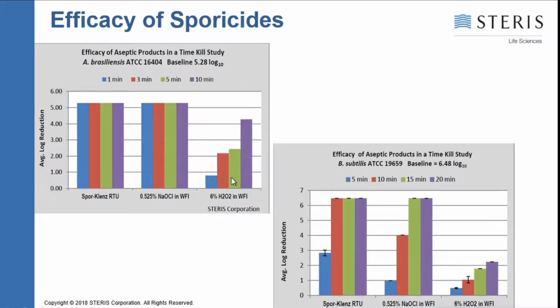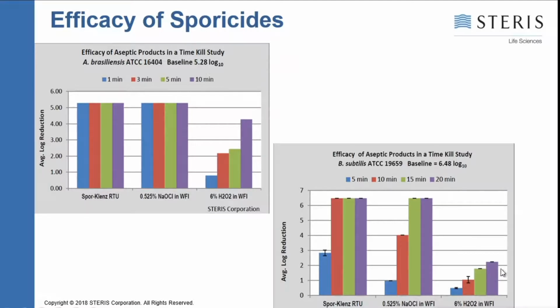But when we actually test 6% or even 3% hydrogen peroxide, the 6% you can see takes a much longer time to get the level of kill that you get with these other two. So it takes at least around 10 minutes to see a 4 log reduction with 6% hydrogen peroxide.